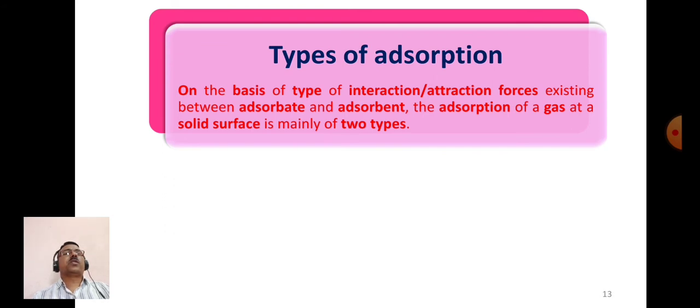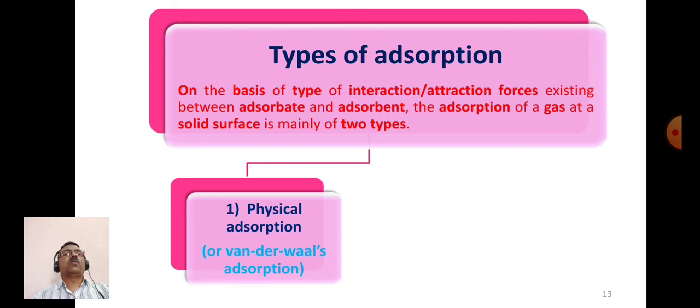Now adsorption is classified in various ways. First of all, on the basis of the type of interaction forces or attraction forces that exist between adsorbate and adsorbent, adsorption is classified into two types. First is physical adsorption.